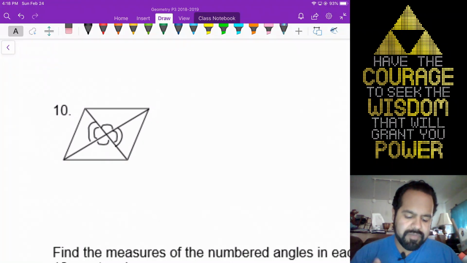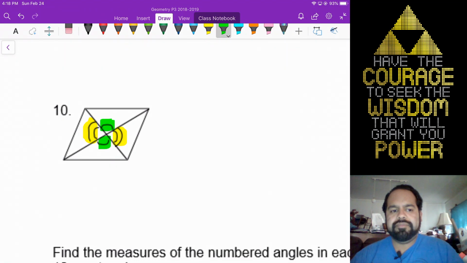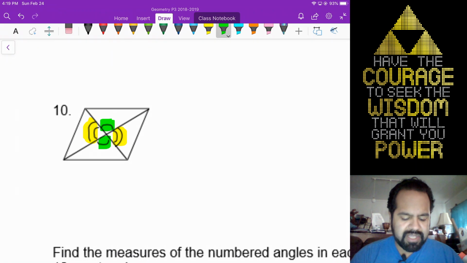Number 10, I do see that I have these angles congruent and this angle congruent to this one. Now, I do have the diagonals meeting, forming these angles. However, these don't show that the lines are parallel because all these are vertical angles.